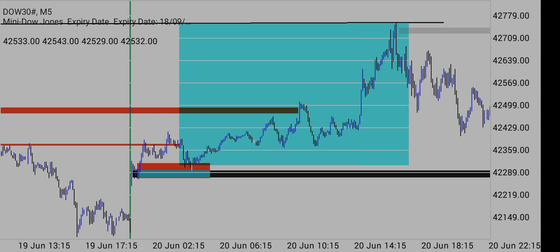Even if we are against the bias, sometimes, and it just looks like it gives a lot of money, but don't fall for that trap.